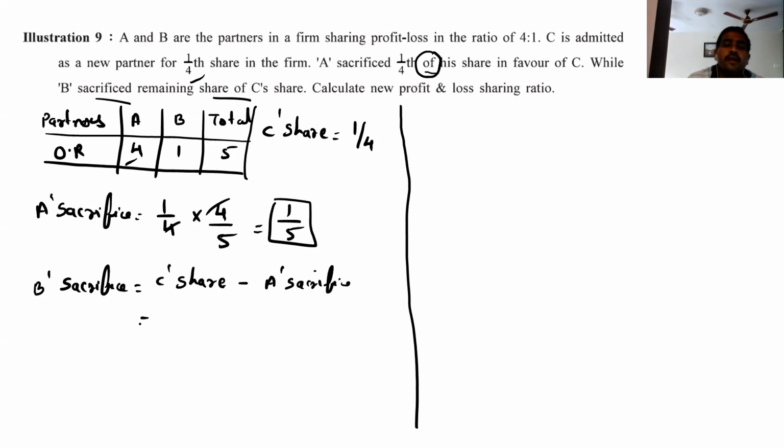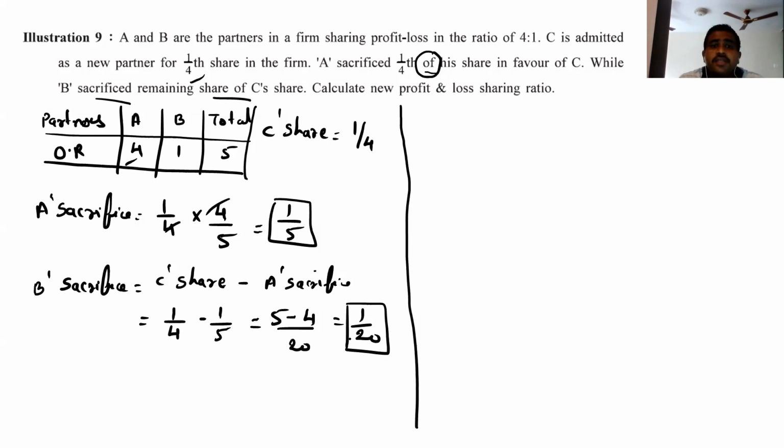So let's see. So what is the C share? C share is 1/4 minus A sacrifice 1/5. So I think we can do cross multiply. 5 minus 4 upon 20. It comes to 1/20. So B is ready to sacrifice 1/20th share.